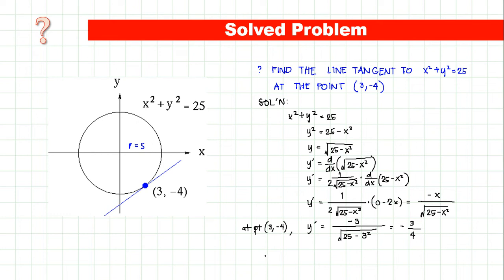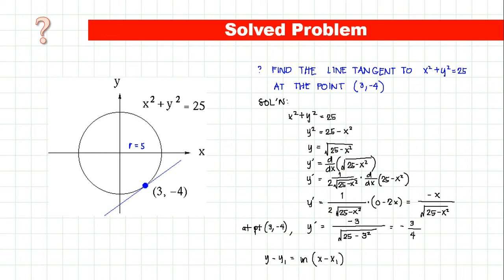Okay? So, para makagawa tayo ng line, y minus y sub 1 is equal to the slope times x minus x sub 1. And at point 3 and negative 4, substitute lang natin yan gamit yung slope na to.